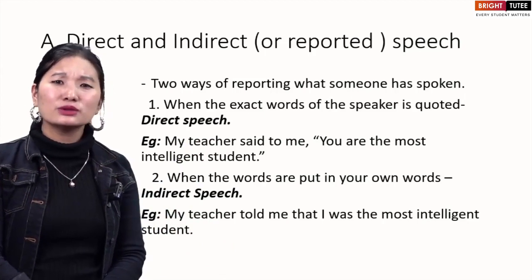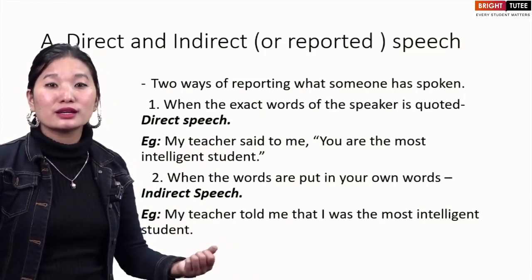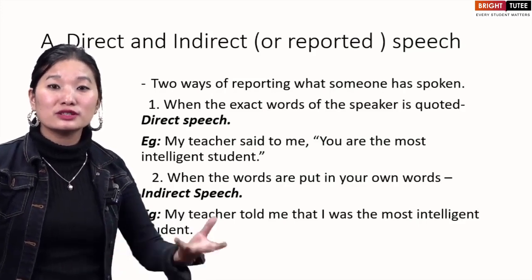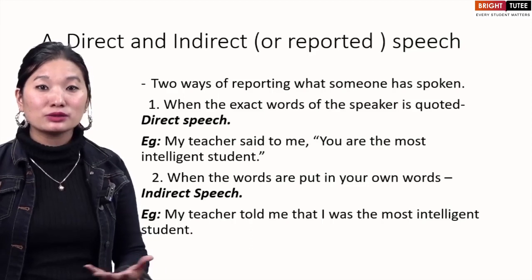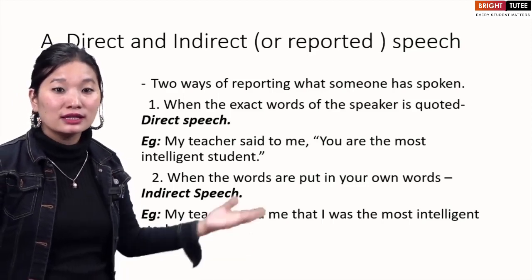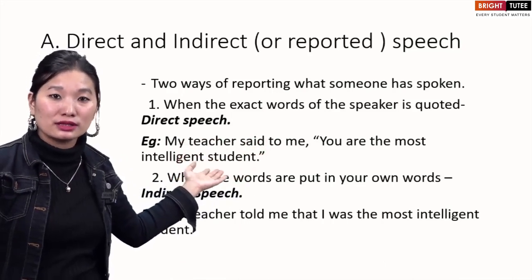For class 7, I know you don't do that much, but for the lower class students, they can't wait to reach home if their teacher has said something to them in order to say it to their parents, or to their sisters and brothers, isn't it? So, my teacher said to me, you are the most intelligent student.